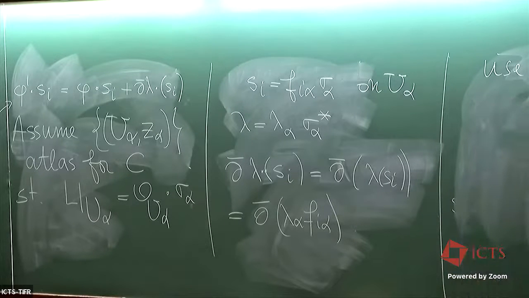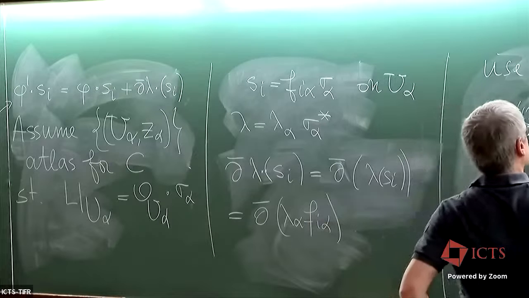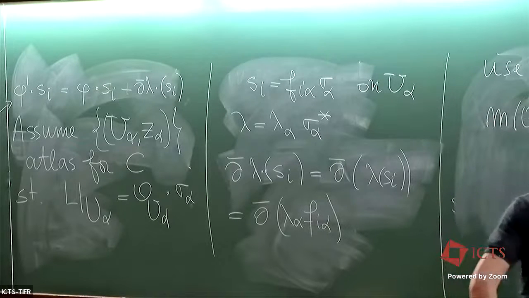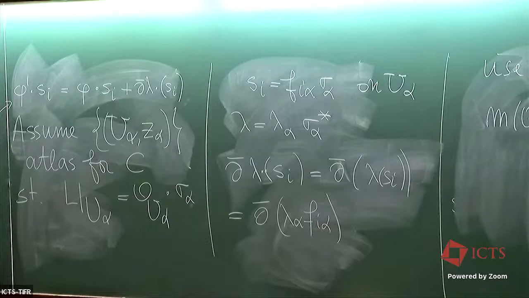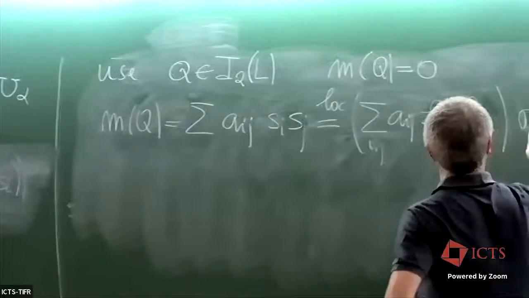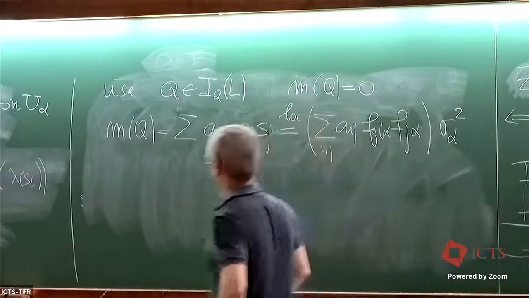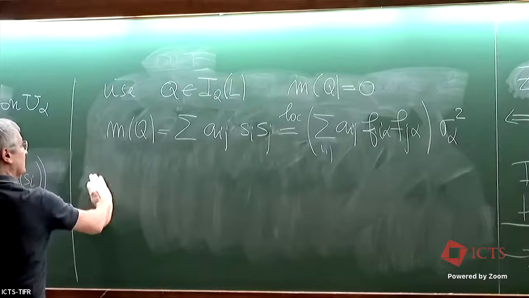What does this mean in terms of the functions? This means that the multiplication of Q is 0, but the multiplication of Q is simply this section. And if we write locally, we get this. So this local function vanishes identically. This is the first thing one needs to use.